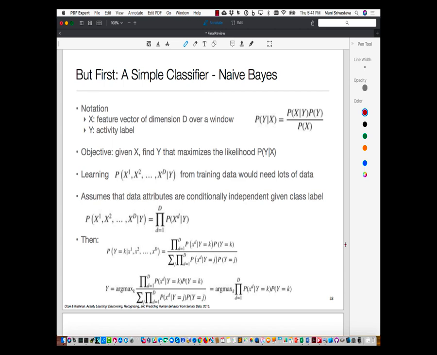And then my goal basically becomes to find the maximum value of this p(y given x). And with some appropriate simplifications and the fact that the denominator doesn't matter, I really end up with argmax of the product of p(x_d given y equal to k) and probability of y equal to k.